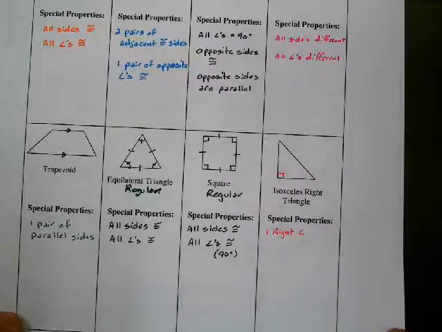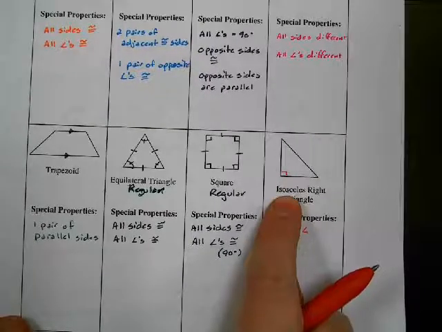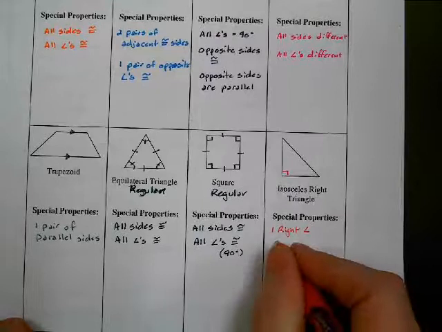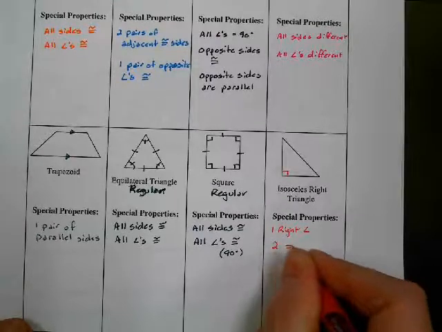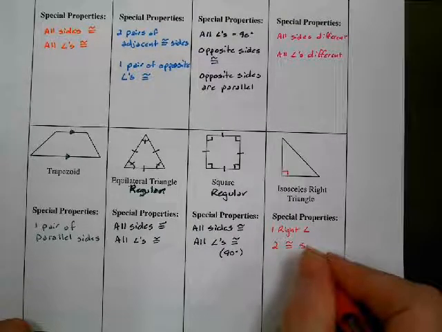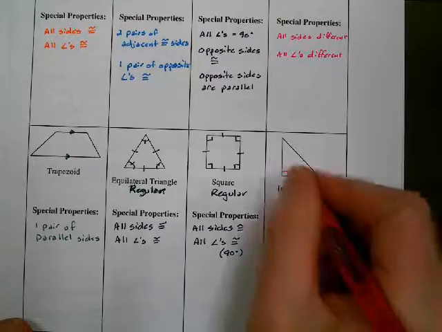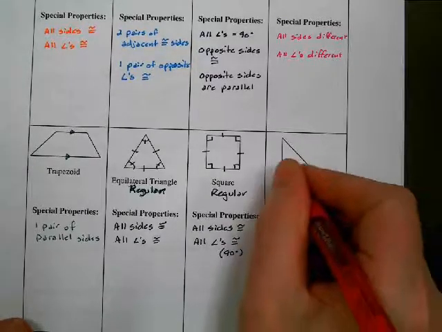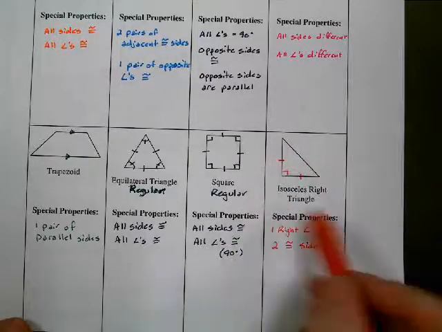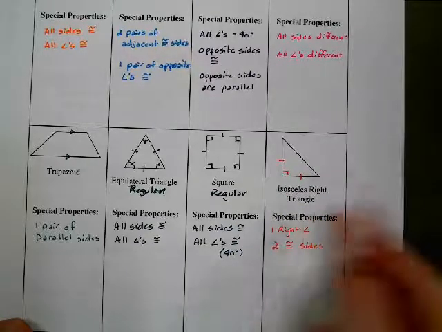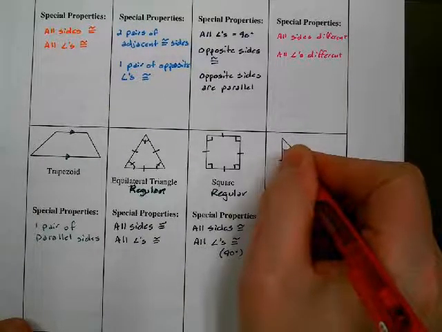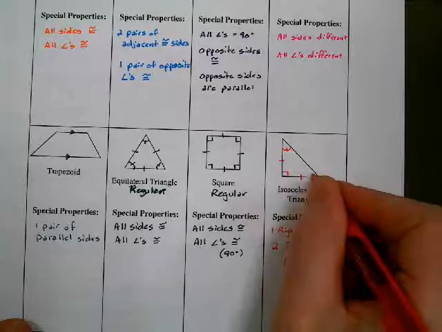So it has two congruent sides. So let's say this side is going to be congruent to this one. Now, since it's isosceles and right, that means that these other two angles are also congruent. So it has two congruent angles.